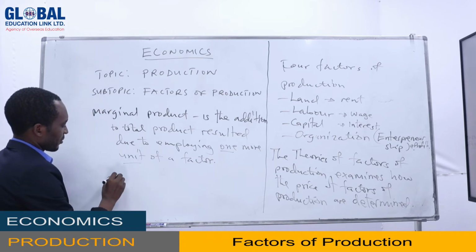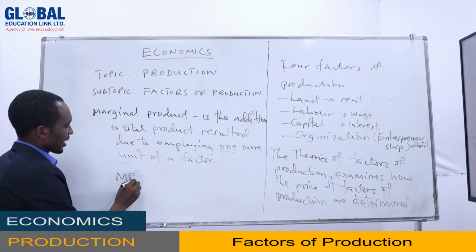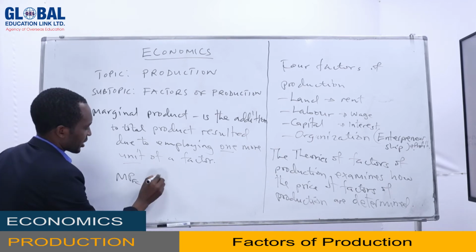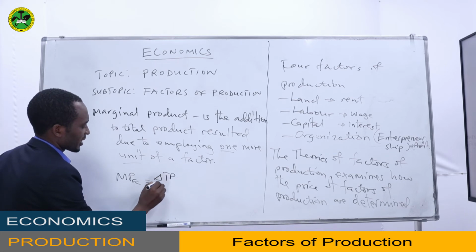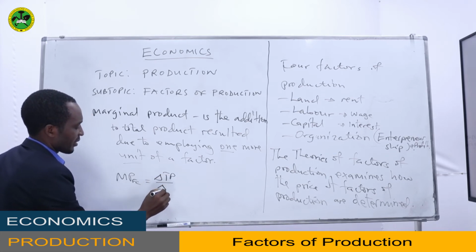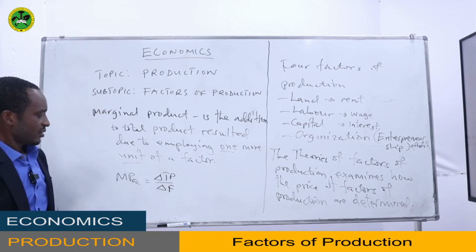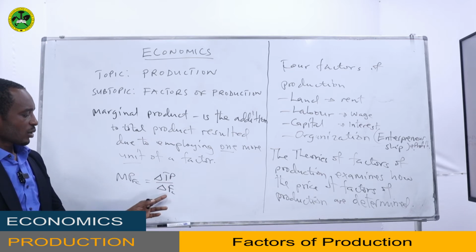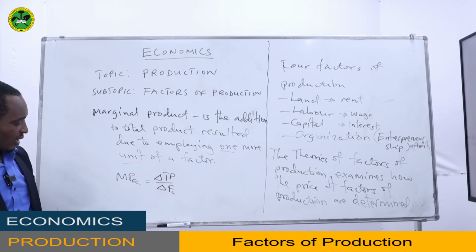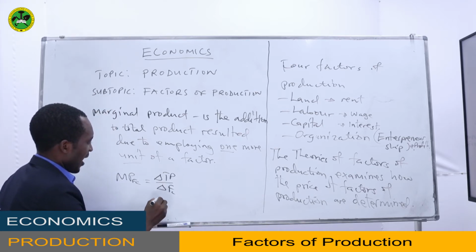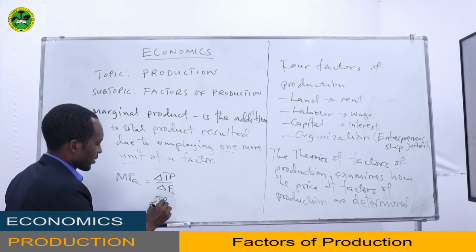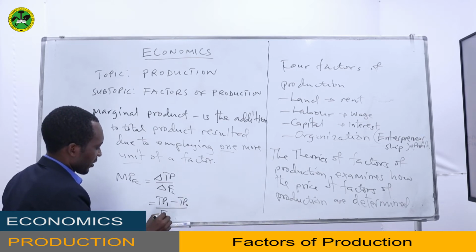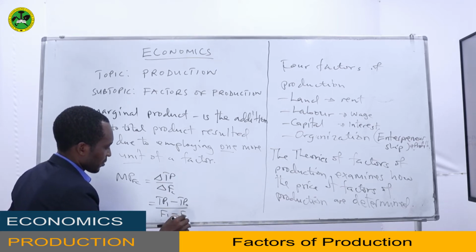And the marginal product of a factor will be equal to the change in total product over the change in the factor, which is equal to total product 1 minus total product 0 over factor 1 minus factor 0.